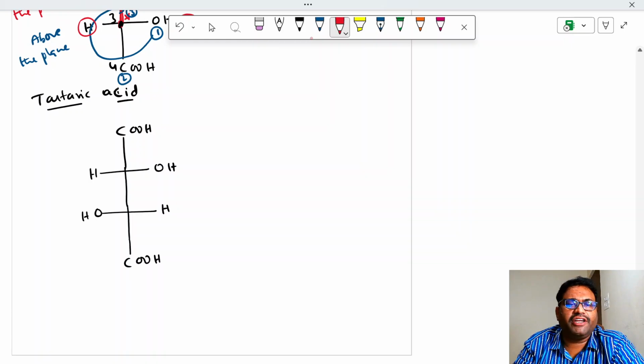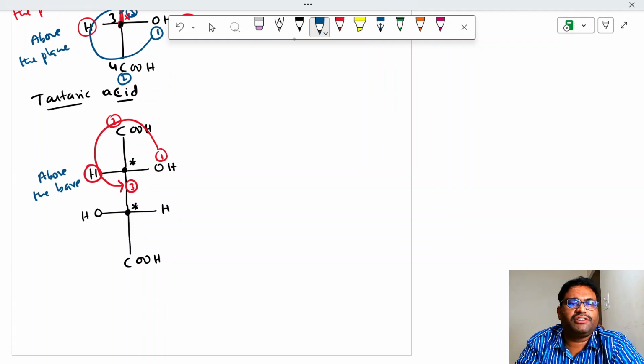Here priorities. These two are chiral. This is chiral and this is also chiral. Okay. Priorities 1, 2. This is third priority. Okay, above the plane.